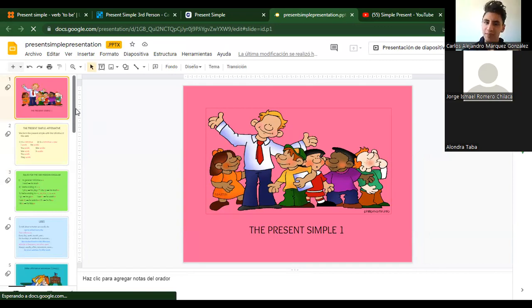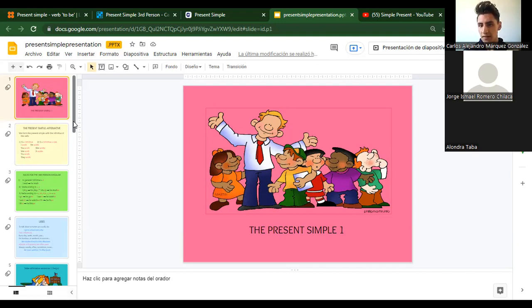Okay, today's topic is the present simple. Today we're going to see present simple in affirmative sentences and in negative sentences. Because this subject is kind of long, we're going to divide the topic.